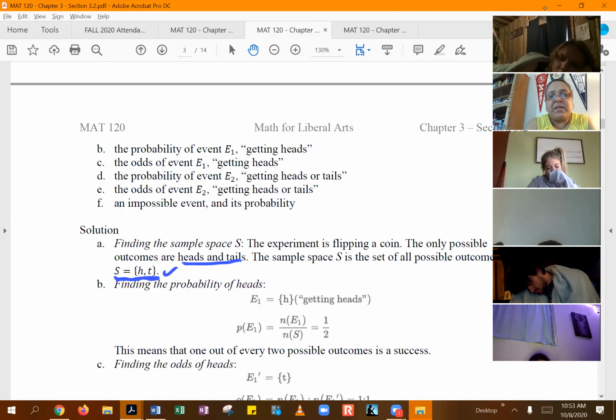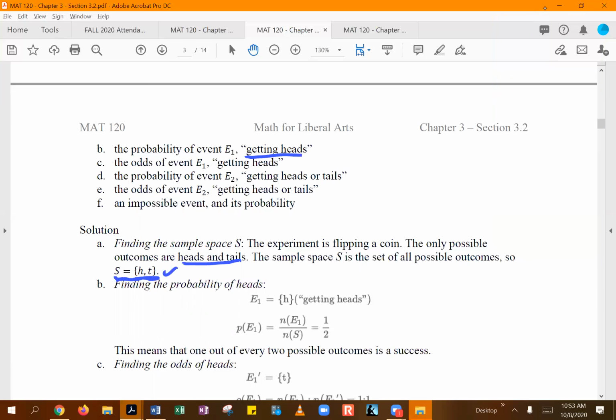They want to know the probability of event one, and event one is defined as getting heads. So you will see here we're defining E1 as getting heads, and then the probability will be, in our sample space, we have a total of two outcomes. In event one, you only have one outcome, so that gives you a probability of 1/2.